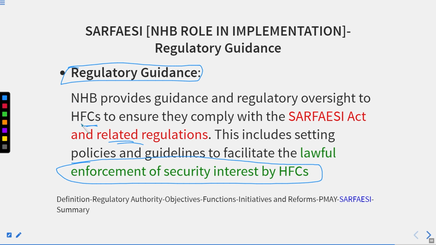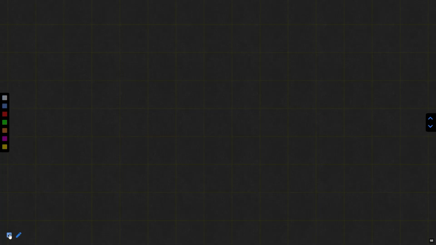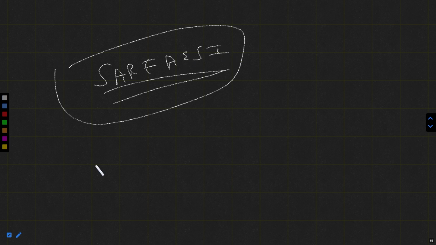Like on what criteria the loan should be granted, and on what criteria the SARFAESI Act should be exercised. For example, as far as SARFAESI is concerned, there are two things you should keep in mind.